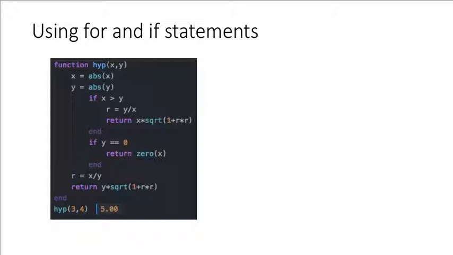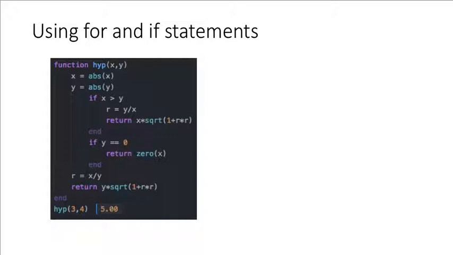So using for and if statements, again, this is pretty similar to any other language, but this function finds us the hypotenuse of a triangle. We give x and y for the sides, and if the first if statement is satisfied, then it returns that formula you see there, x times the square root.